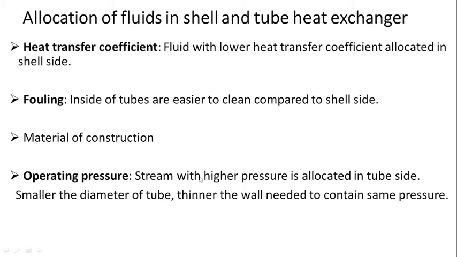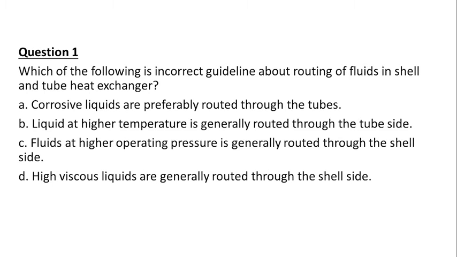Then operating pressure. A stream with higher pressure is allocated in the tube side, but here the option they have written is fluid with higher operating pressure is routed through the shell side.